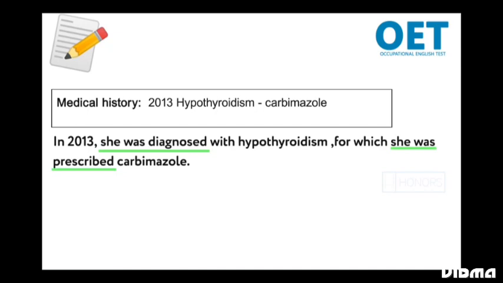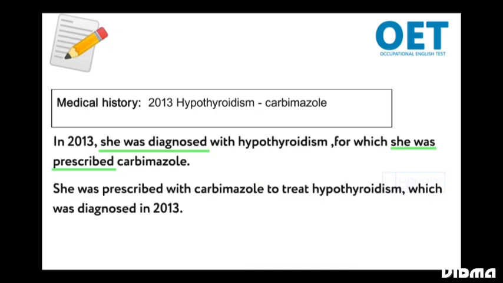Or else we can write like this, she was prescribed carbimazole to treat hypothyroidism, which was diagnosed in 2013. Now, if the medication is not important for the reader to know, but that she had a treatment for hypothyroidism in 2013, we may write it like this, she was treated for hypothyroidism in 2013. So you have your own ways to put information on the paper.